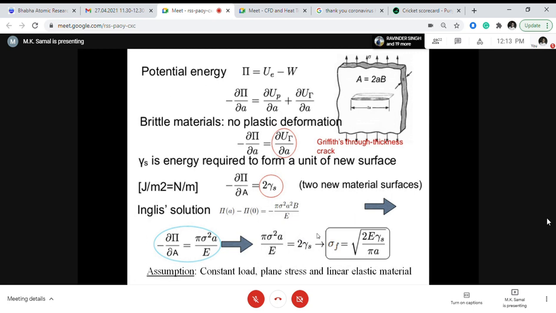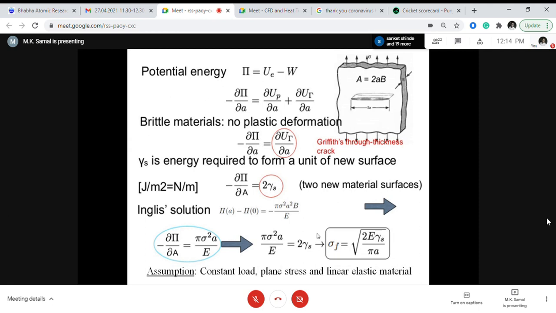But later you will see this is for limited plasticity. As I told, the radius of the plastic zone could be around 2% of the crack length, or thickness, or remaining ligament, whichever is smaller. If it exceeds that, then you can no longer use the concept of linear elastic fracture mechanics. You have to go for other elegant parameters like the J integral, which falls in the category of elastic-plastic fracture mechanics, and we will talk about that later.